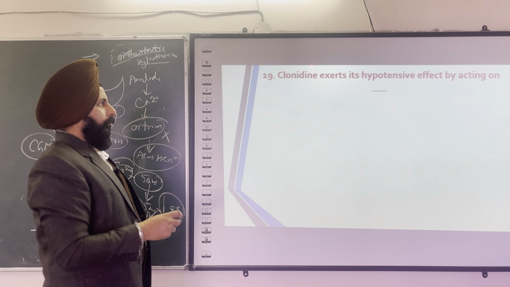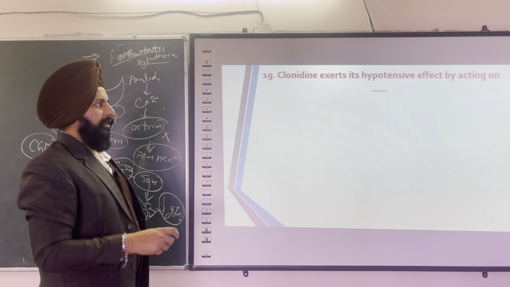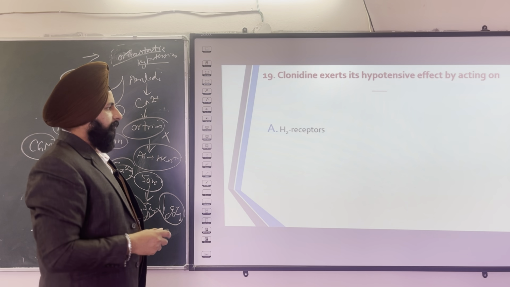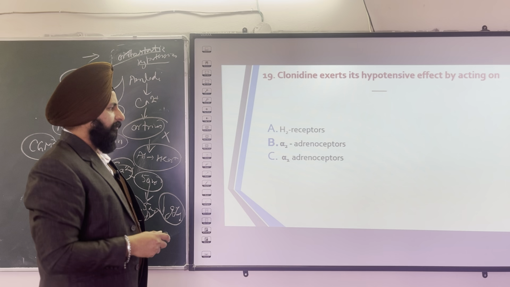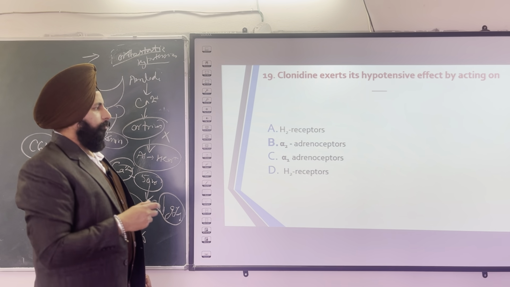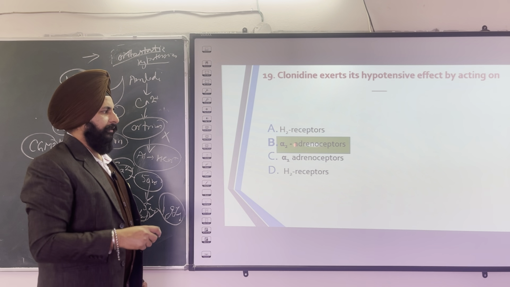The second last question of this series is, clonidine exerts its hypotensive effect by acting on H1 receptor, alpha 2 receptor, alpha 1 receptor, and H2 receptor. You choose the correct answer. The correct answer is alpha 2 receptor.